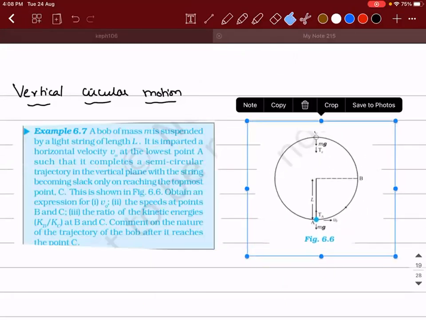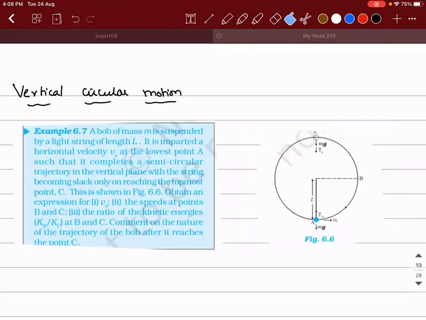Listen. So let's first read it like a question, then I'll explain the concept behind it. So there is a bob. Okay, bob is a small ball which is generally used in pendulum. Okay, bob of mass m is suspended by a light string.